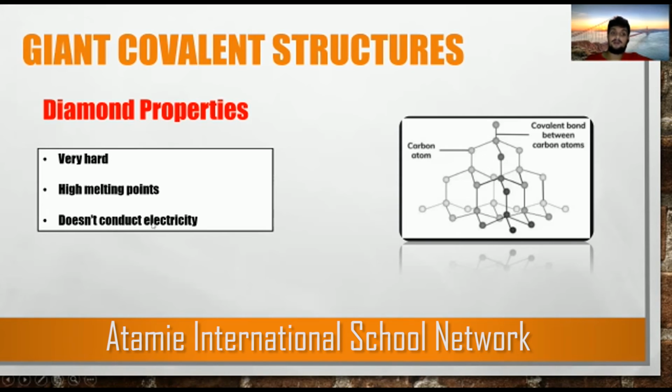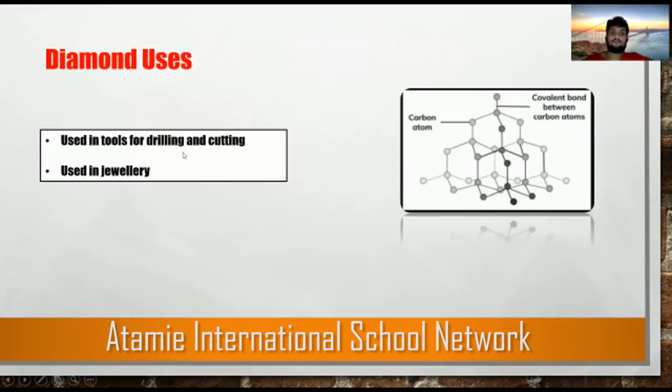So when there are no free electrons, what happens? It cannot conduct electricity. And because they have strong covalent bonds between these carbon atoms, they are very hard. It's very hard to break them. And because their bonds are very, very strong, they have very high melting points. Okay. And what do we use diamond for? Diamond is used in drilling and cutting tools because of its very hard property.